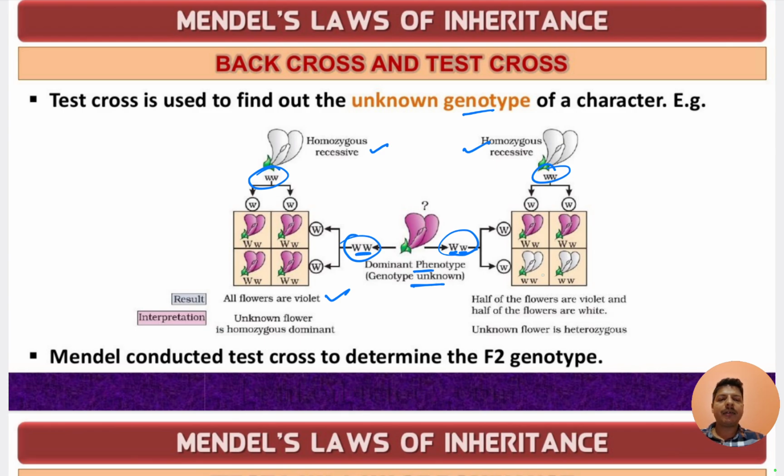And in this type, half of the flowers are violet and half of the flowers are white. Interpretation: the unknown flower is homozygous dominant in the first, while the unknown flower in this type is heterozygous.